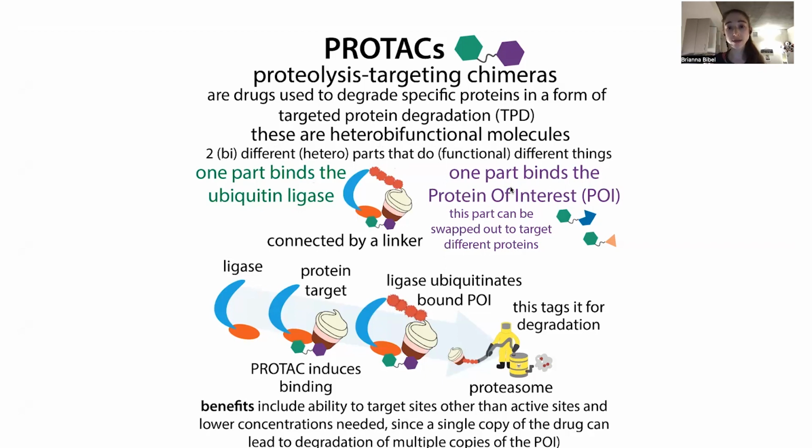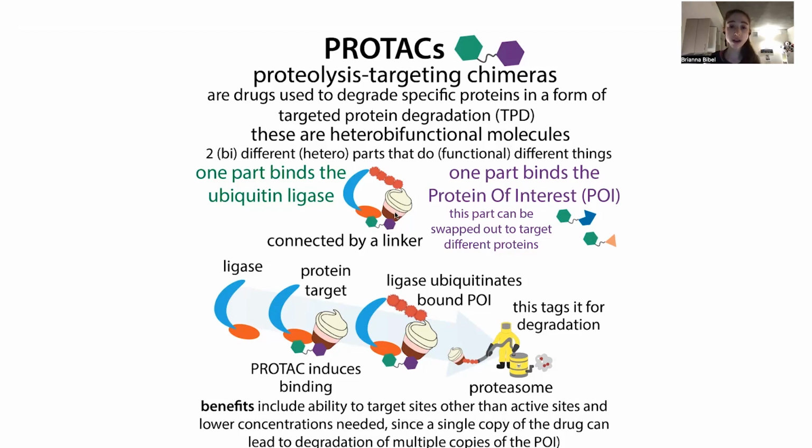And so you can swap out this part that's binding the protein of interest. If you have different proteins of interest, you can swap out that part. Then this other part is going to be specific for that ligase, so you can use that same part that's specific to that ligase by targeting multiple different proteins.